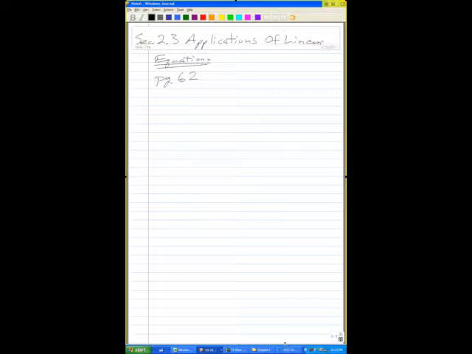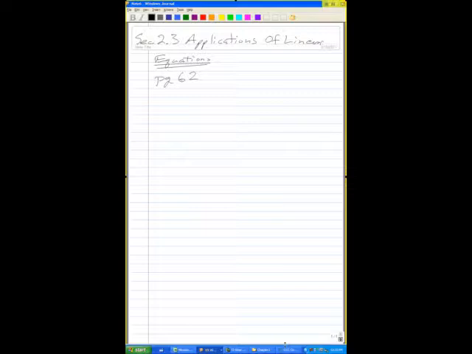If you can draw a picture, if that's helpful. If you can't draw a picture, then at least label your variables. Tell me what your variables stand for. Then create an equation, solve the equation. Once you solve the equation, make sure that the answer that you get makes sense.